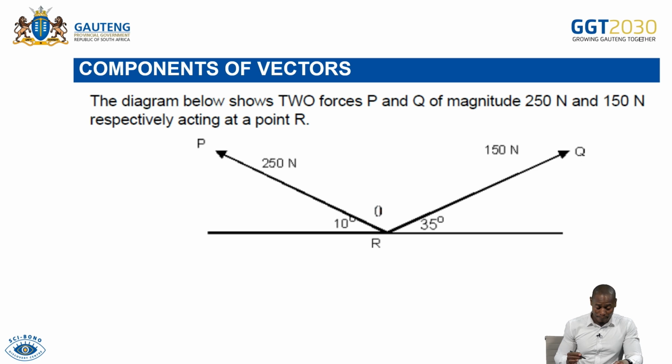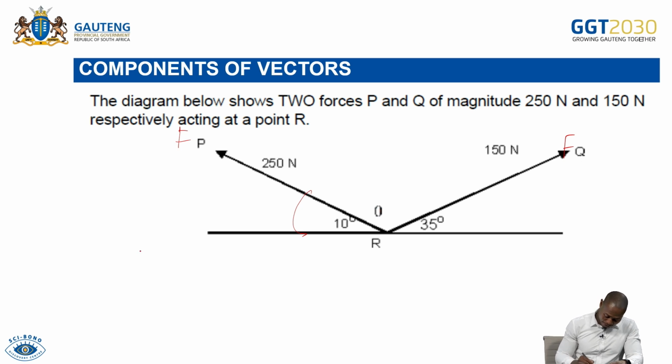You are given P. So this is Fp, this is Fq. The first thing we need to do here is look for the components of these two forces. You can see this force is applied at an angle to the horizontal. So first you need to resolve this force into its components.